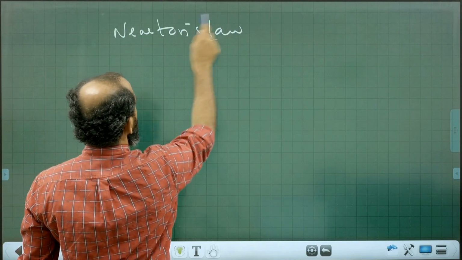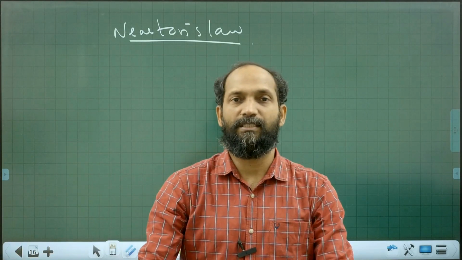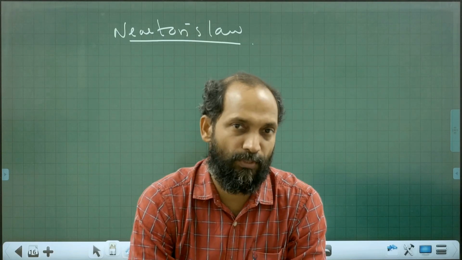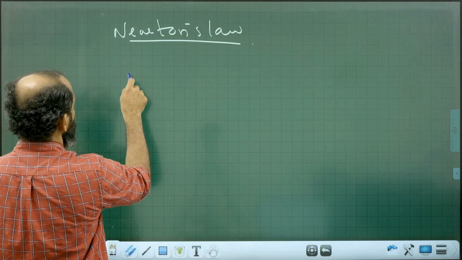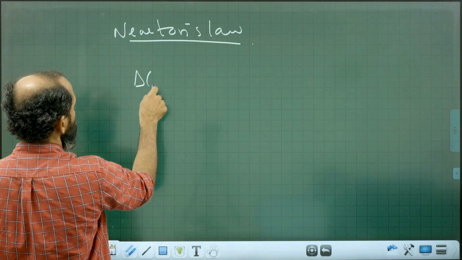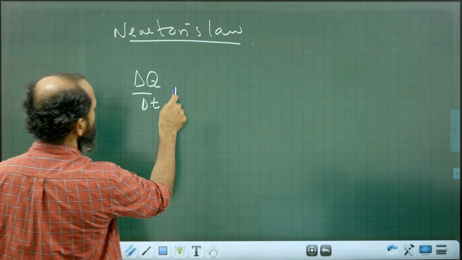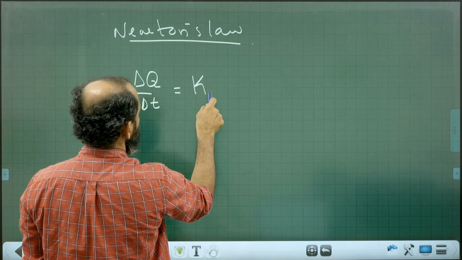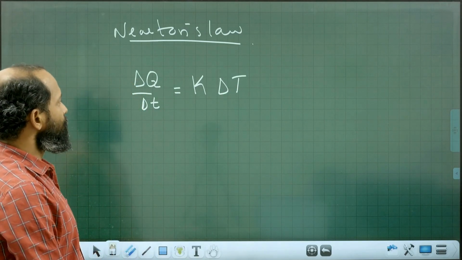Okay, now Newton's law. Newton's law is only applicable for small temperature changes between a hot body and its surroundings. If the hot body radiates energy, delta Q divided by delta T is measured as the product of a constant K and delta T. This is Newton's law.